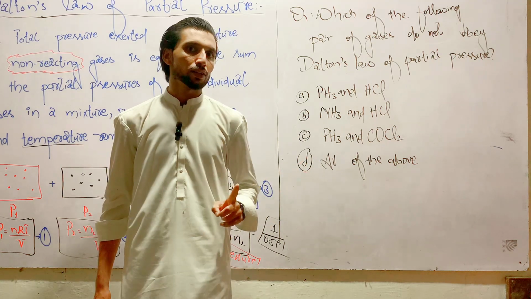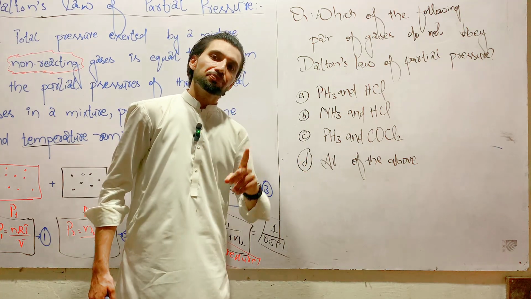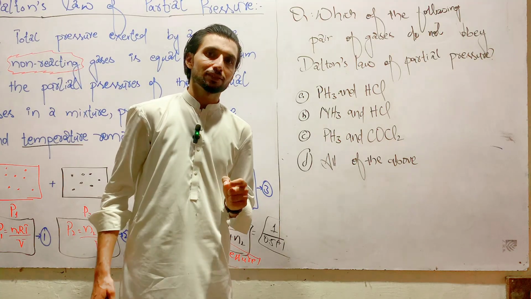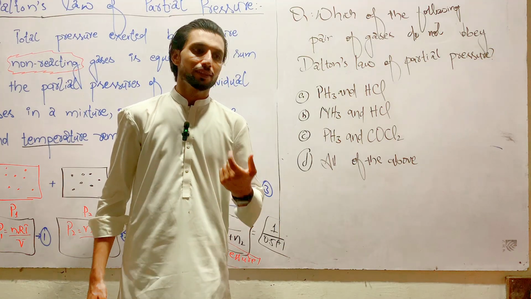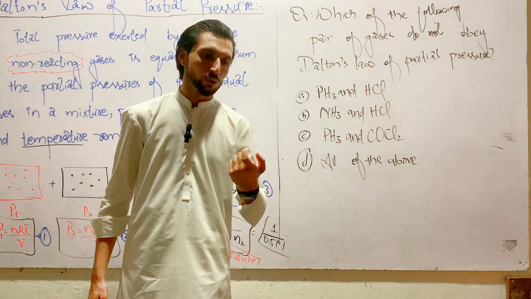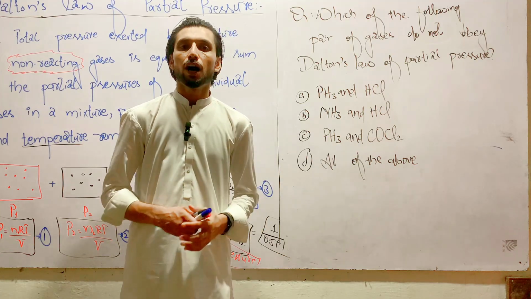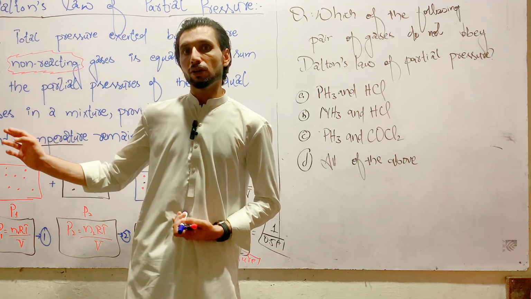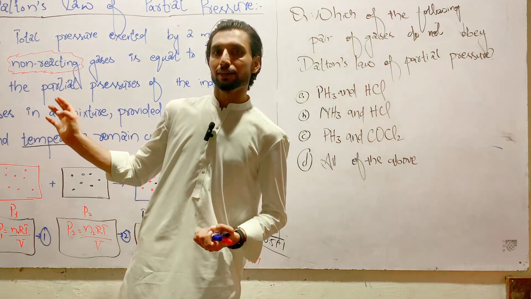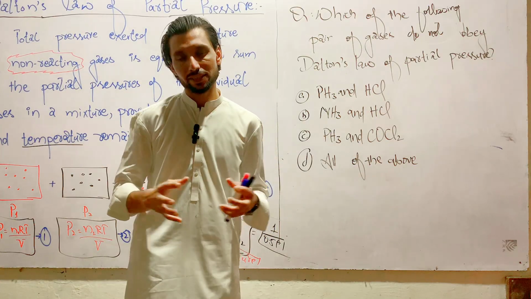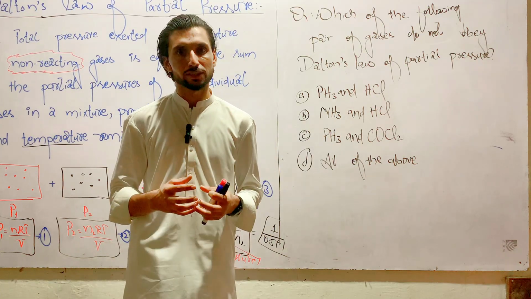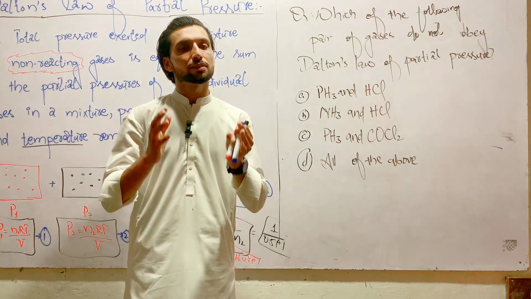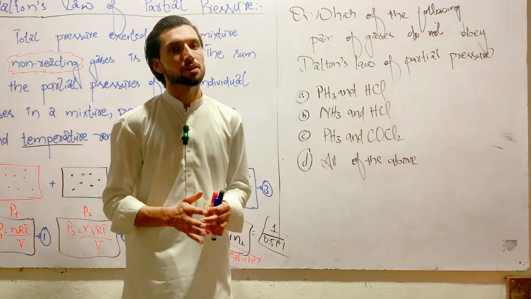So we must find the mixture of gases that react together. As we said in Dalton's law, the mixture of gases should not react together. If they react together, this will not follow Dalton's law of partial pressure.